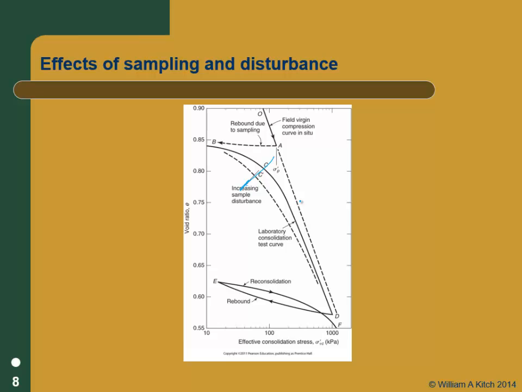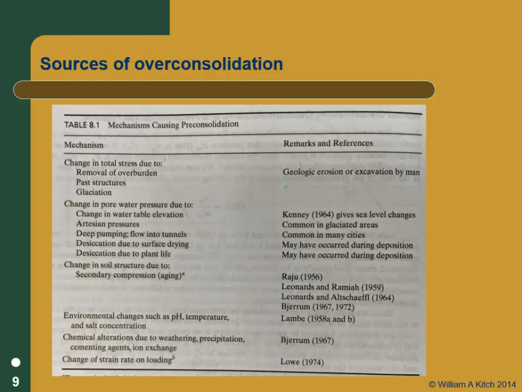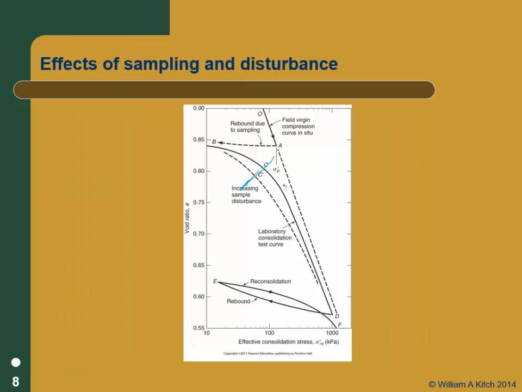As the soil gets more and more disturbance, locating sigma prime C gets harder and harder. Well, that's a problem, and that leads to this desire to somehow correct the curves, which I'll talk about in just a minute.